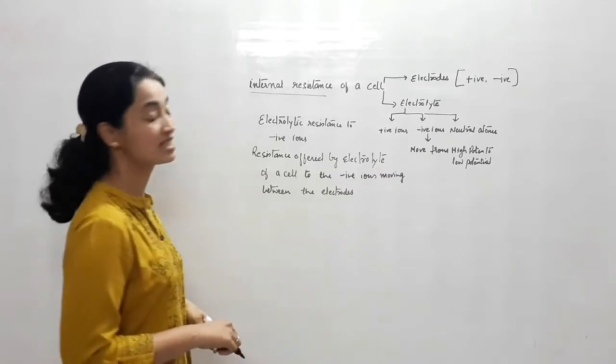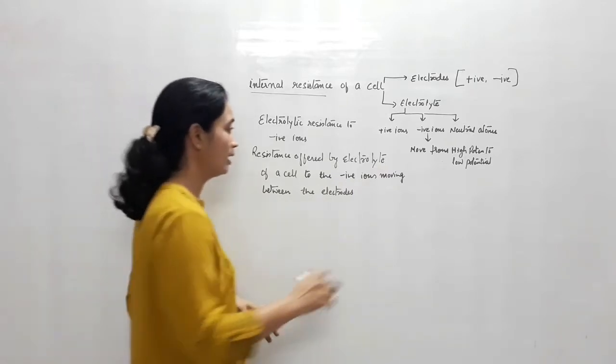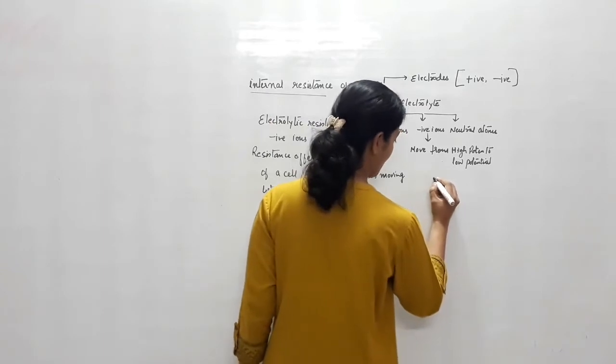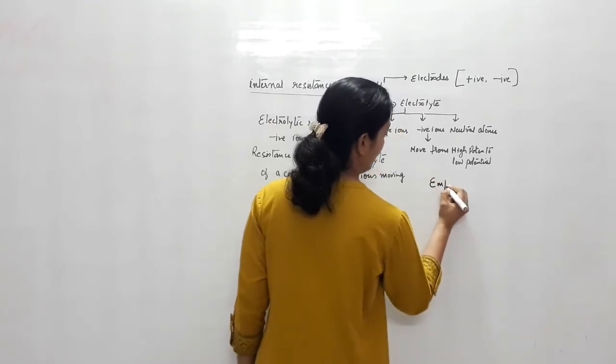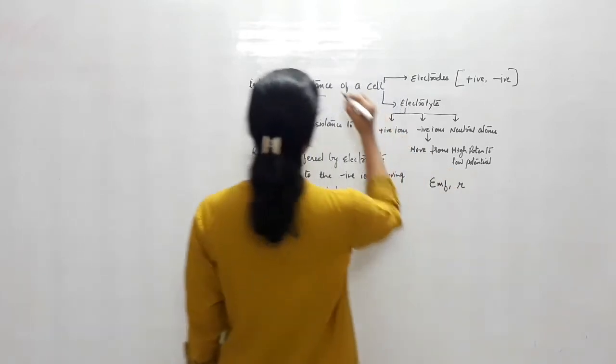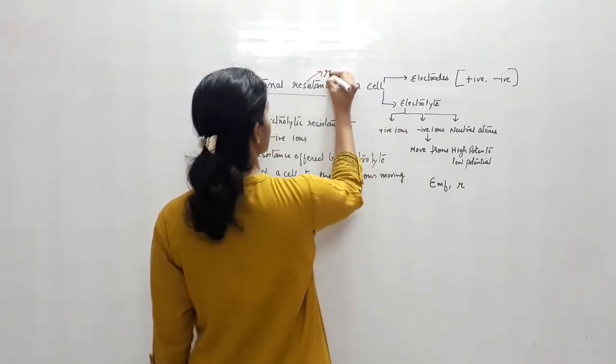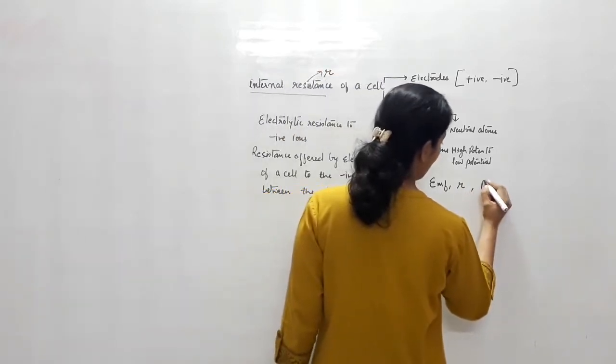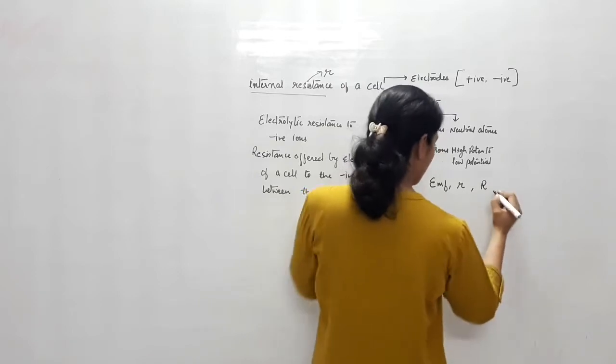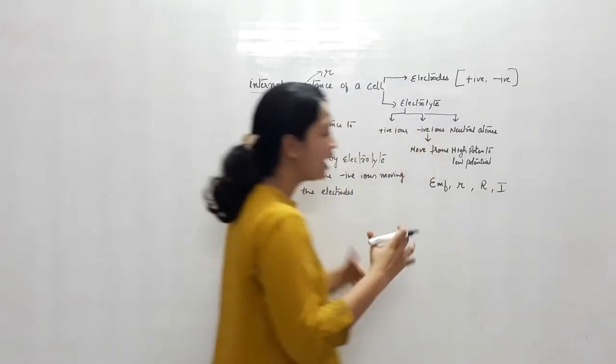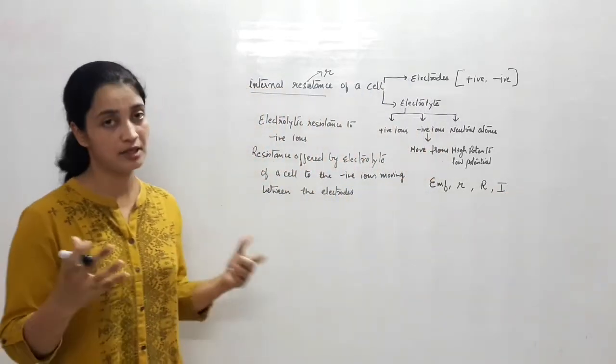Now we are trying to establish the relationship between the EMF of a cell, the internal resistance which is denoted by a small r, the external resistance capital R, and the current I. How are these terms correlated in a cell?